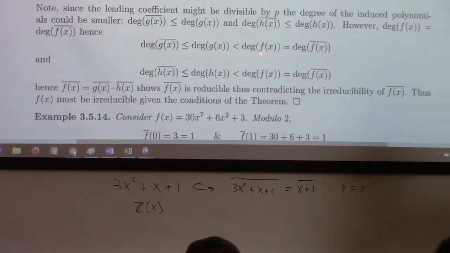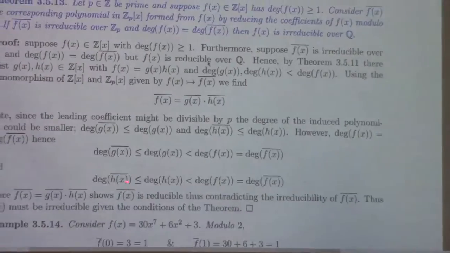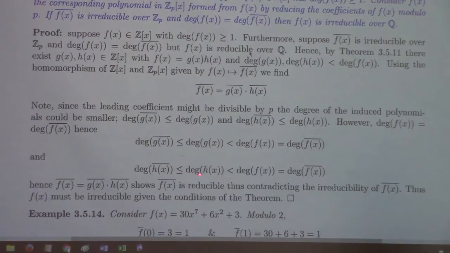That's less than the degree of f because we're assuming that f is equal to gh. But the degree of f is equal to the degree of the reduction. Likewise, the degree of the reduced h is less than or equal to the degree of h, which is less than the degree of f. Again, these are equal. So what do we have? We have the degree of the reduced g is less than the degree of the reduced f. We have the degree of the reduced h is less than the degree of the reduced f.